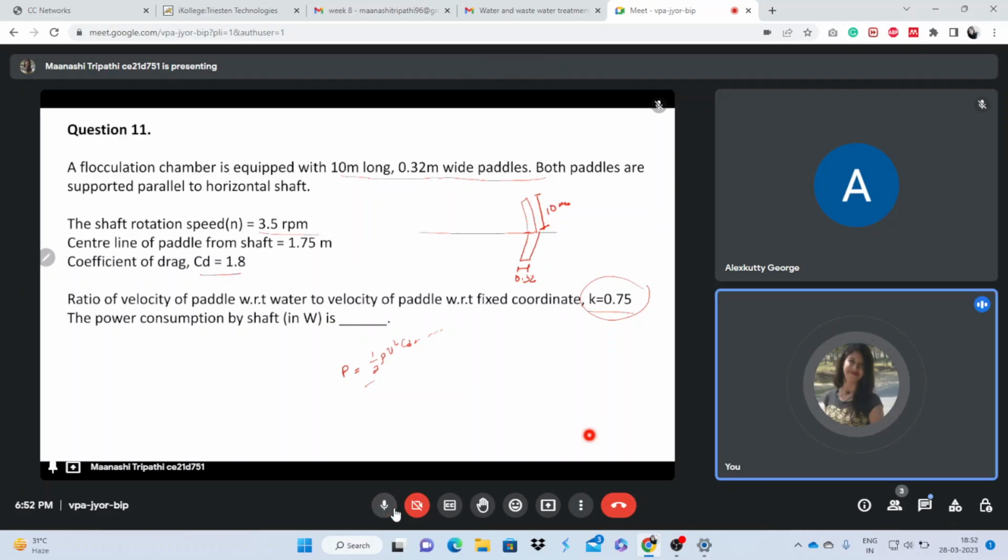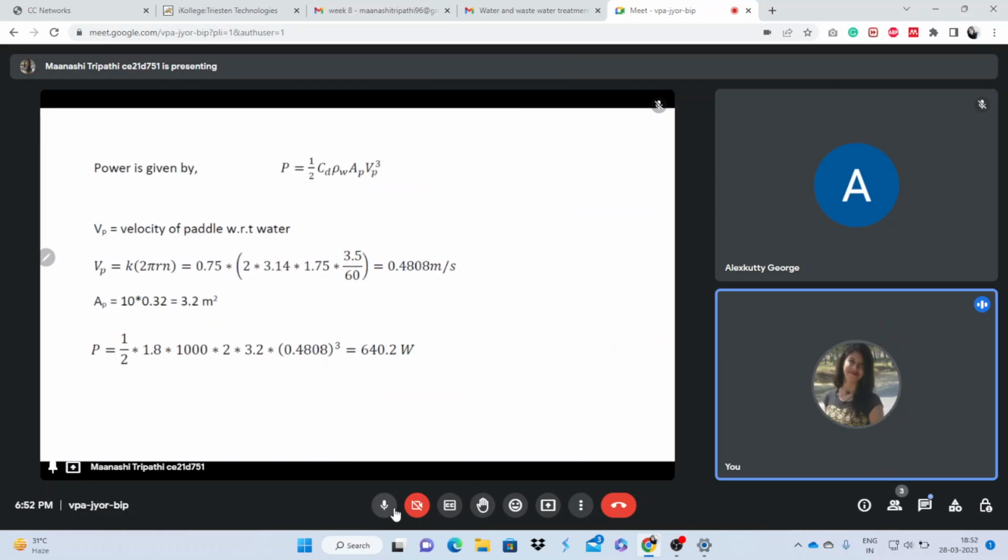Okay, we'll see the solution now. So the power is given by half CD rho A_P V_P cube, where A_P means the area of paddles and V_P means velocity of paddles. V_P can be calculated from the RPM values: K into 2 pi R n, where R is the radius.